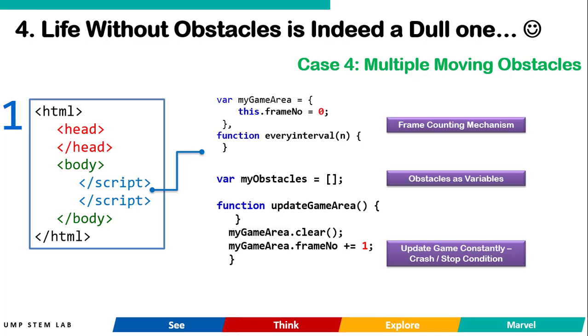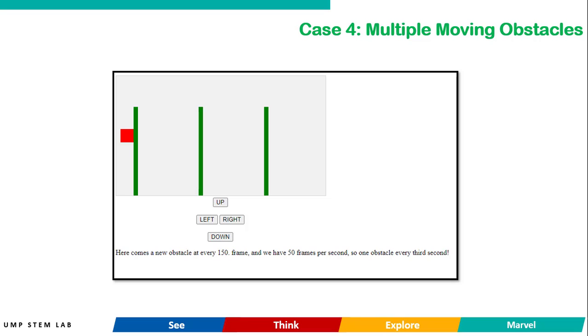If there is a crash, the updateGameArea function will stop and no more drawing is done. The updateGameArea function counts frames and adds an obstacle every 150th frame. The additional codes that we described just now will result in the following situations.